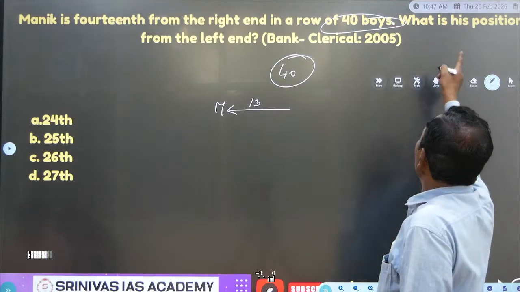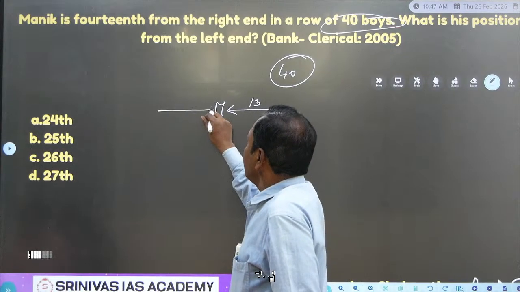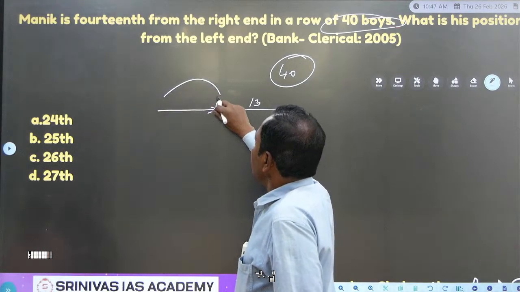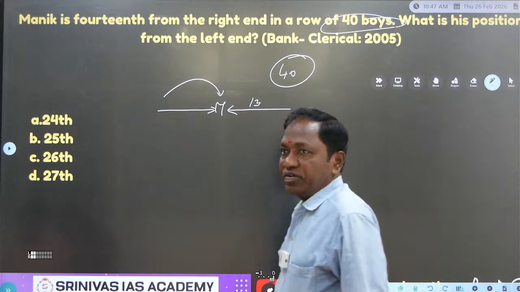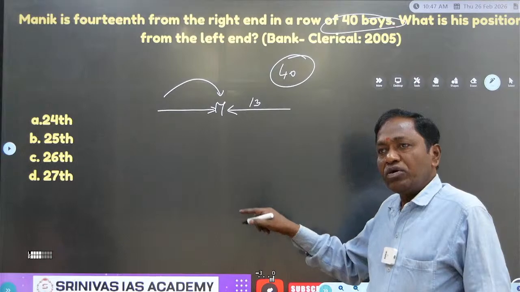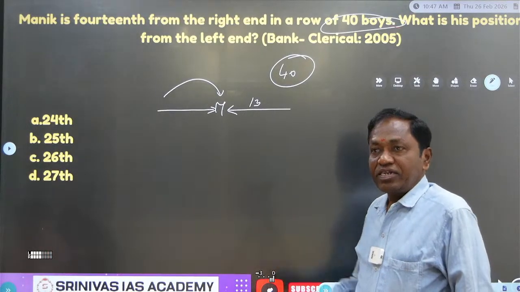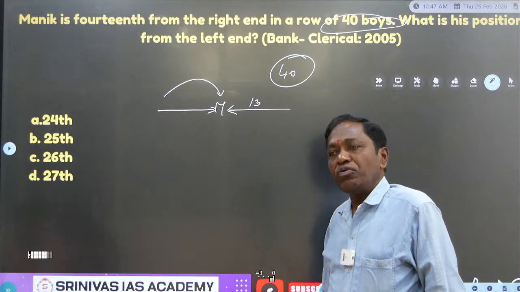And what is his position from the left end? To know the position from the left end, you need to know how many people are there to the left of Manik. That is not known. We need to find out. How to find out?